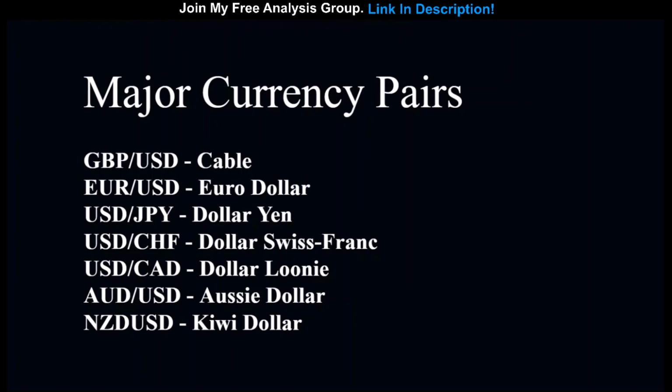And a couple of them have some pretty cool nicknames attached to them, like GBP/USD also being referred to as the cable, and NZD/USD also being referred to as the Kiwi dollar. So this isn't a comprehensive list of the major currency pairs that you'll see, but this should just give you an idea of what some of those major currency pairs out there are.